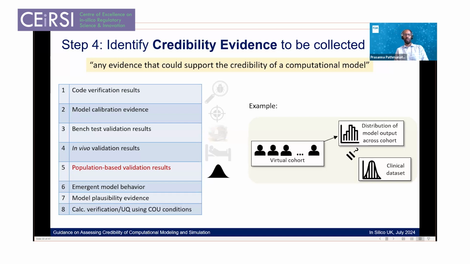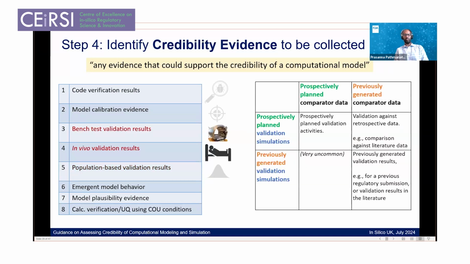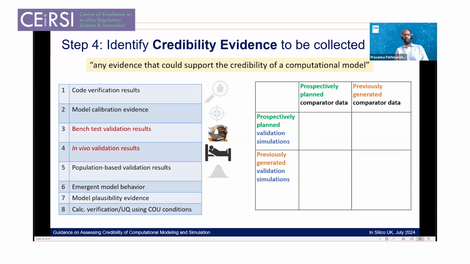Okay, just going back, something that we also discussed in the guidance, because it's something that can occur in regulatory submissions, is the difference between prospectively planned evidence and previously generated evidence, because often with models, you want to rely upon previously generated evidence.